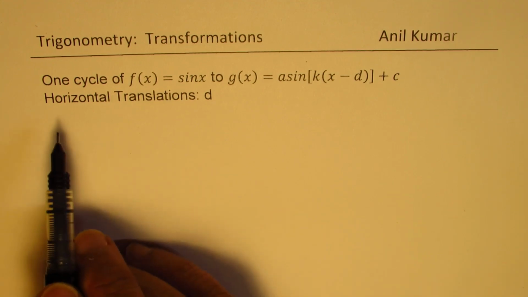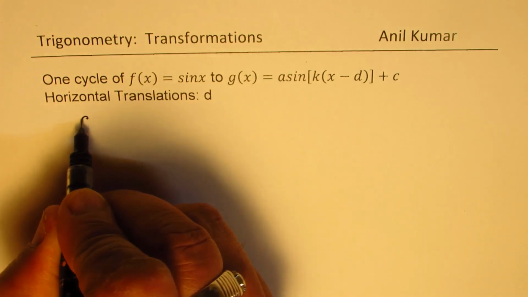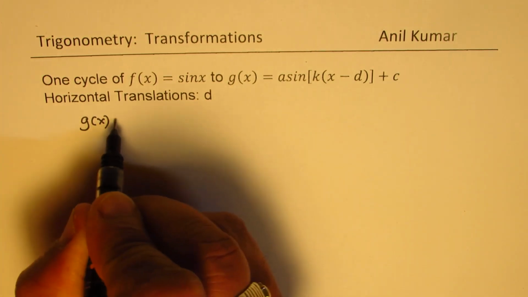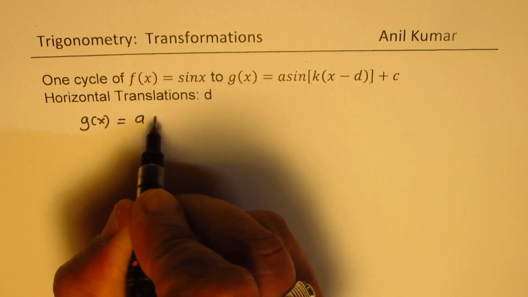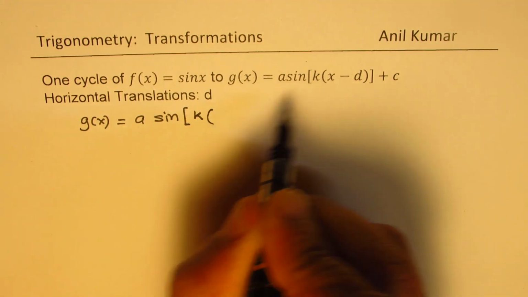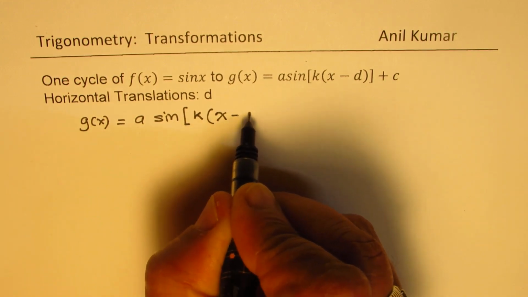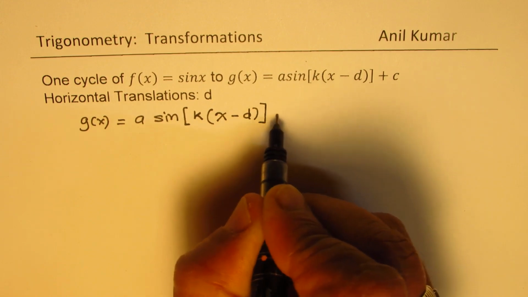Now let us first consider horizontal translations. So the transformed function g of x is normally written as a sine of square brackets k times (x minus d) plus c. You have to factor out the coefficient of x. That is very important, right?